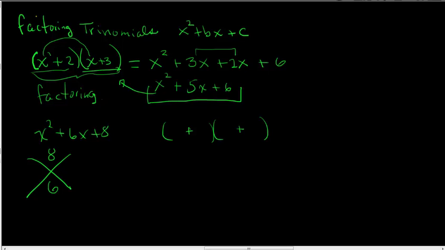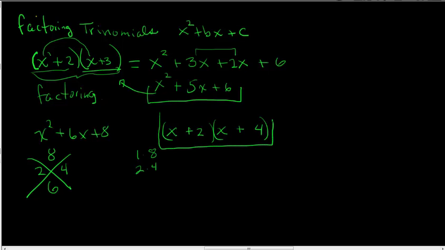And clearly, the factors of 8 are 1 and 8, and 2 and 4. As you can see, 2 and 4 add up to 6. And 2 times 4 gives us 8. So we can actually write x plus 2, and then x plus 4, which is what we need.